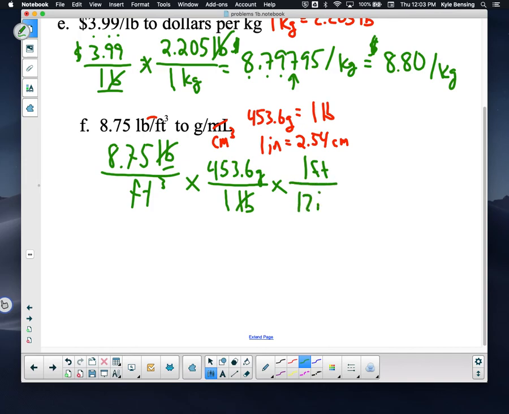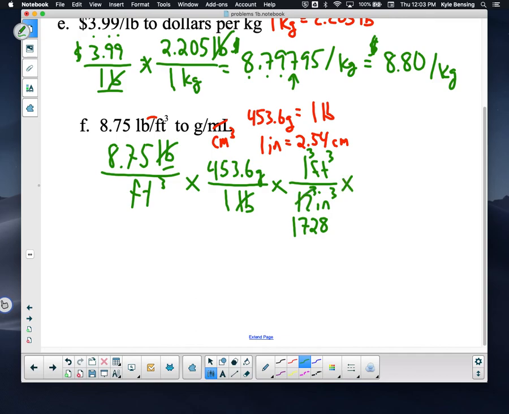equals 12 inches. And if I cube everything here, what's 12 cubed? 12 cubed is 1,728. That's my new number I'm going to use.